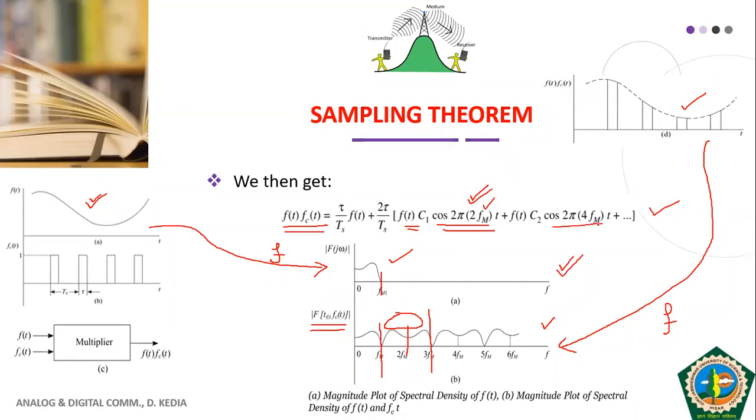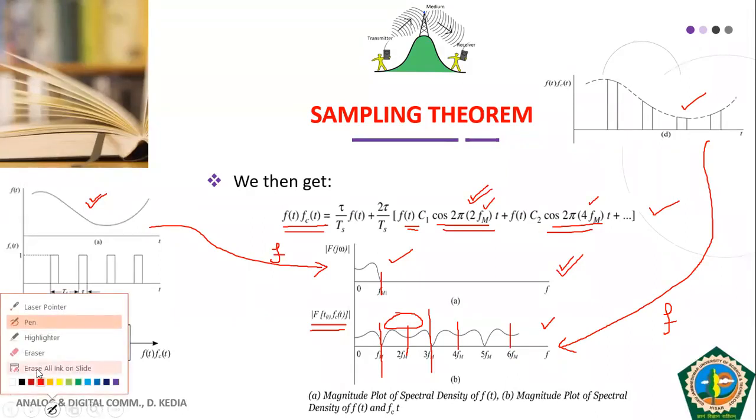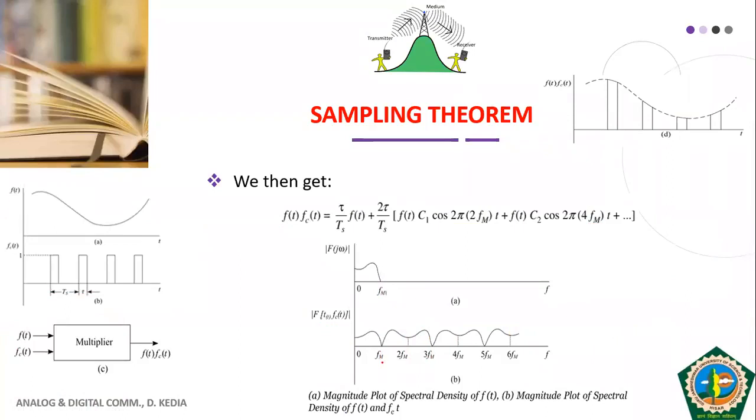Then I have the modulating signal centered around 4fm, then 6fm, like this. So if you look at this sampled signal frequency spectrum carefully, you can see that my original spectrum is present at 0 to fm.